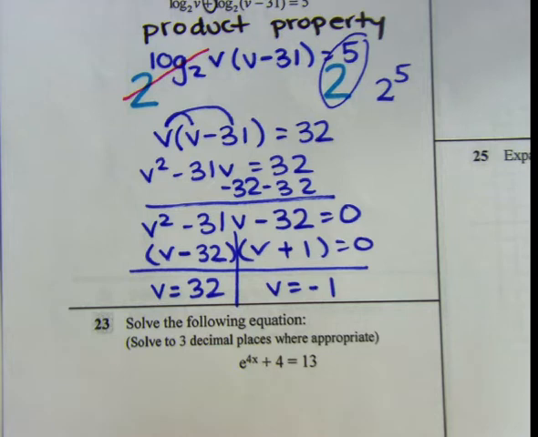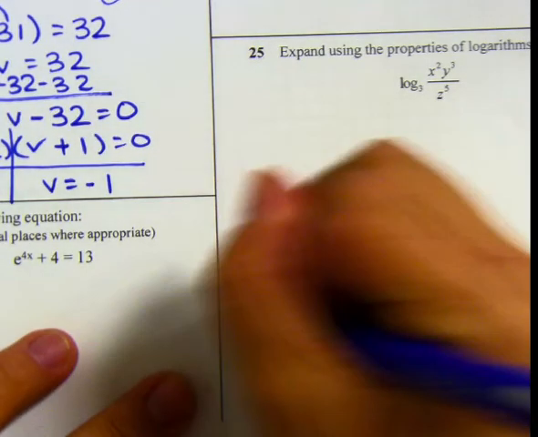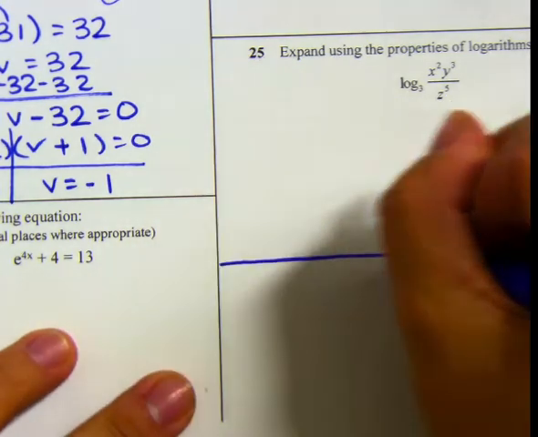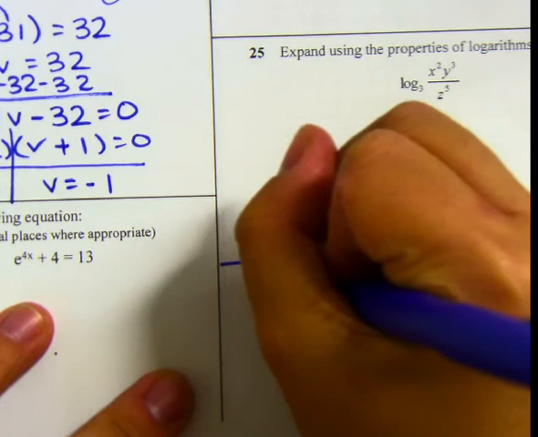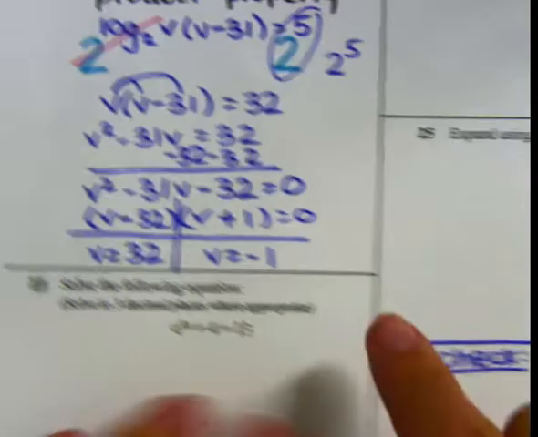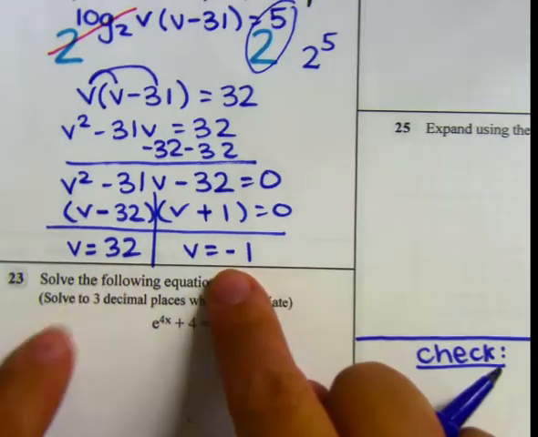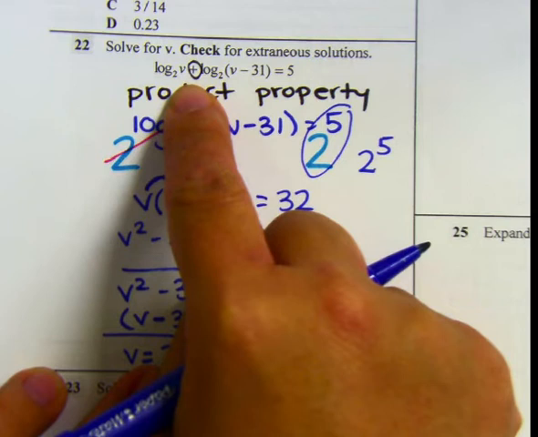You know what? Off to the side, like right here, underneath 35, I'll just finish the problem. So here we have to check. I'm going to take my 32 and my negative 1, and I'm going to plug it into the original, into both of the v's.